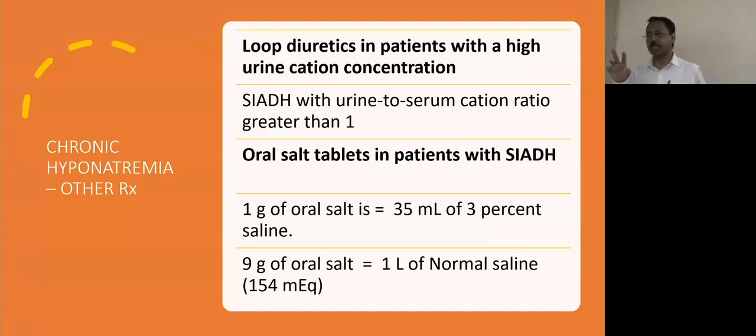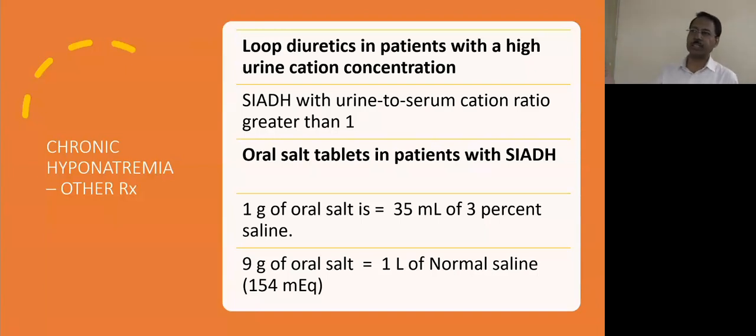So here there are two things we're looking at. One is the sodium management. You're looking at how low the sodium is, whether it's acute or not, the level of sodium, and whether it's symptomatic. You look at those things and plan your sodium correction.